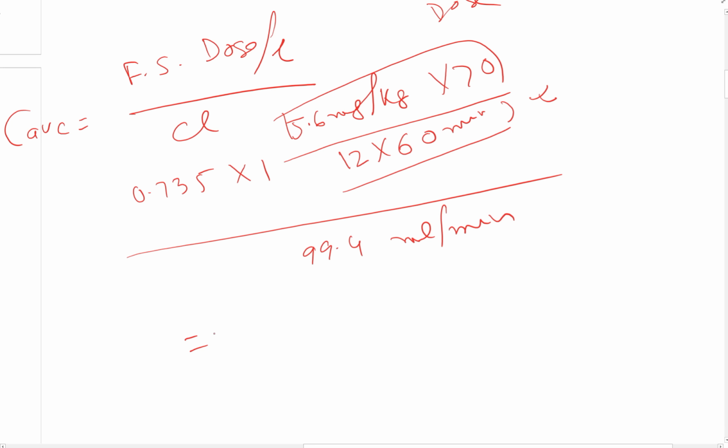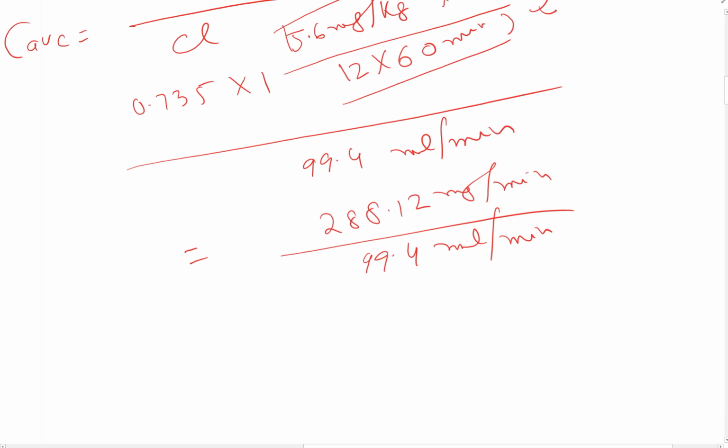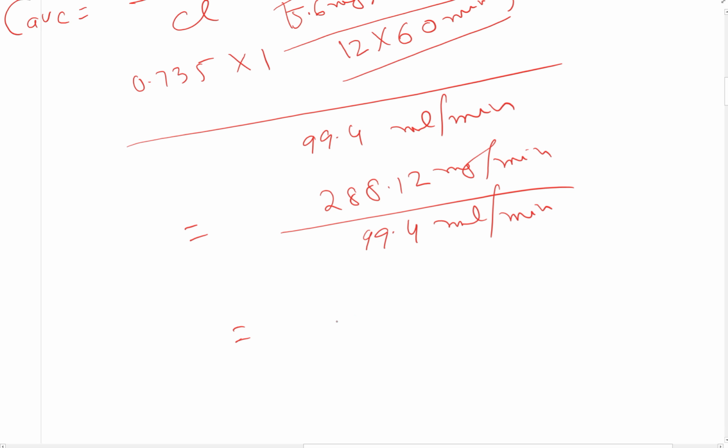This would be 288.12 milligram per minute divided by 99.4 milliliter per minute, which is equal to 0.0040258 milligram per milliliter.